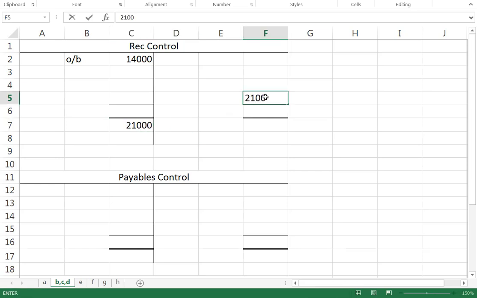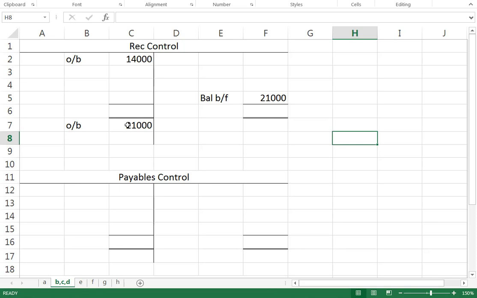We fill in what we know, and what we don't know then is whatever is left. So this is my opening balance in the following month, my OB in the following month. Right, so I've got that and I've got that. So far so good. So that's the opening and closing balances there.